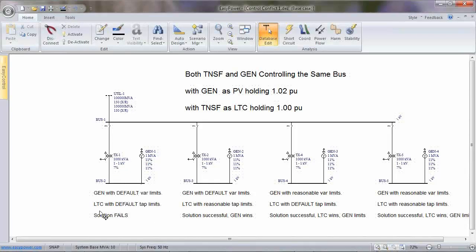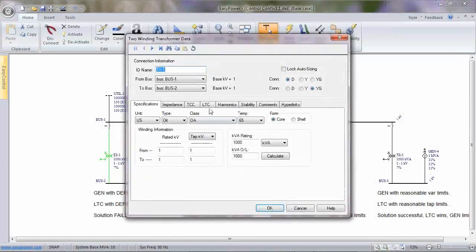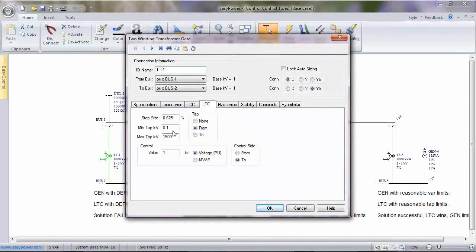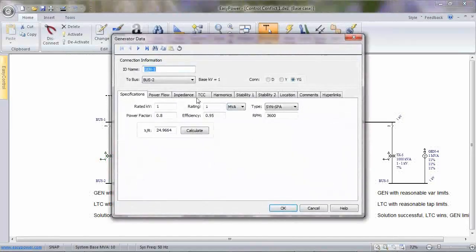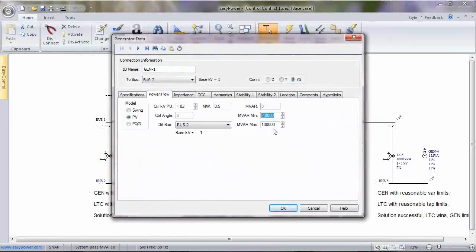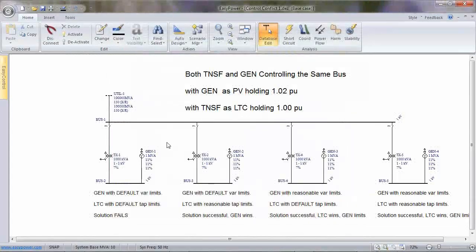So in this example here on the very left, it won't solve because the generator and the LTC are at their default limits. You can see for the LTC it's wide open, and for the generator its VAR limits are wide open, minus 100,000 to 100,000. Wow. Okay, so these are going to fight each other.